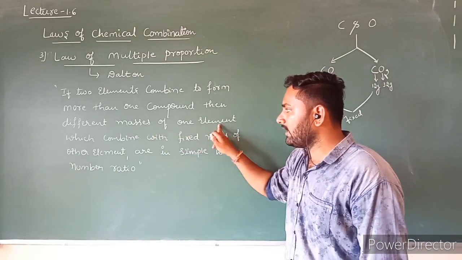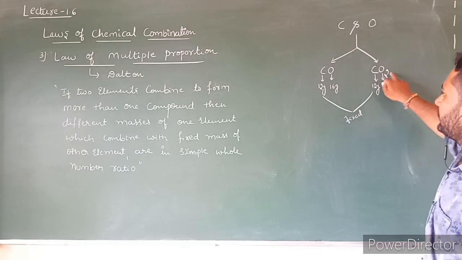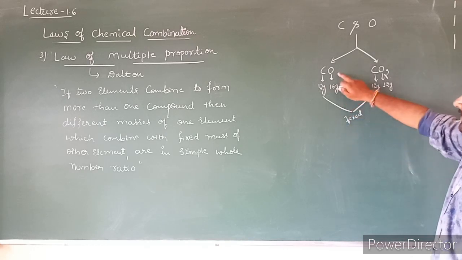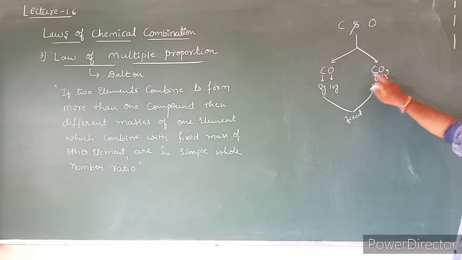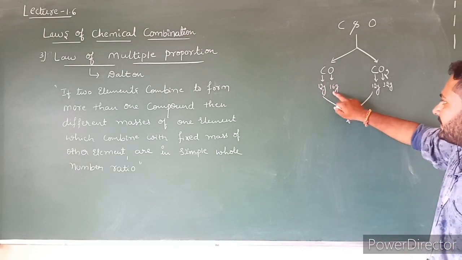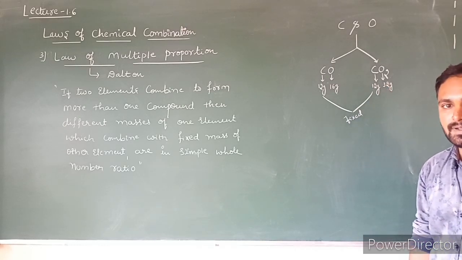Different masses of one element, which is combined with the fixed mass of other element, means different masses of oxygens. Different masses of oxygens are combined with fixed mass of carbon, and these different masses of oxygens are in simple whole number ratio.